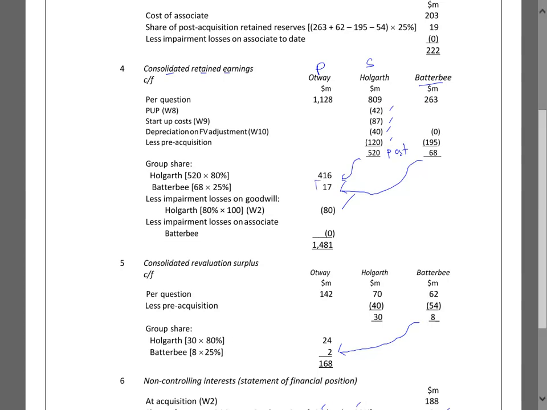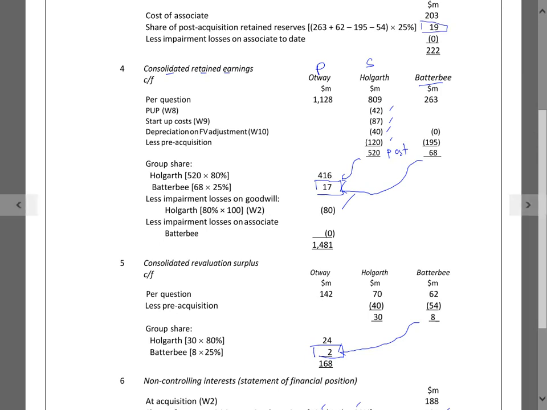I have credited 70 to my parent. The revaluation reserve is also credited, increase. So when I credit and credit, where should I debit? Investment. So where is the investment? Yeah, original investment was 203.